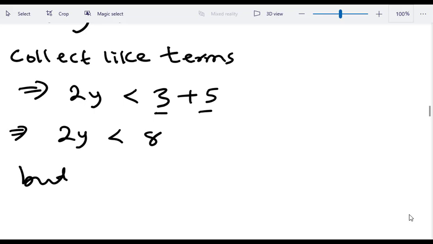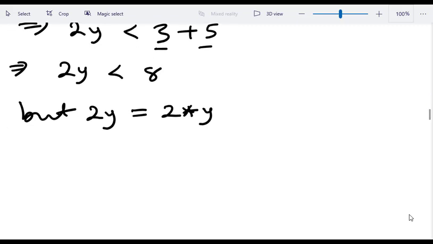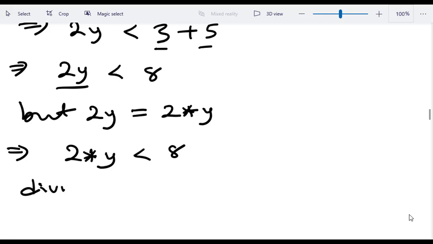But you and I clearly know that 2y is equal to 2 multiplied by y. This is what I taught under our linear equation. So in place of this, I replace it with 2 times y less than 8. So our interest is to find y, and to find y, we have to divide both sides by 2.